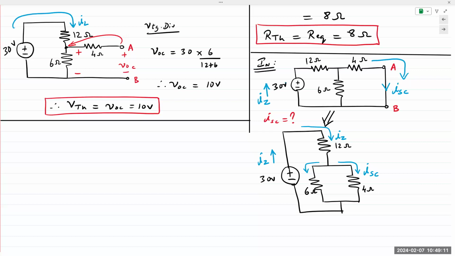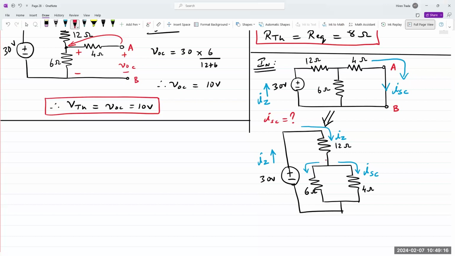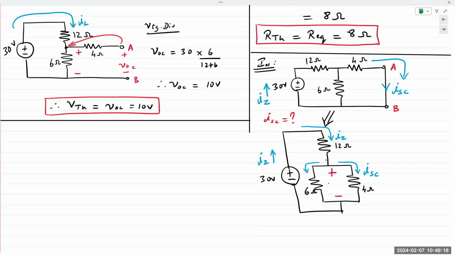Okay. Since it is the 6 and 4 ohm resistors that are in parallel, I can describe the voltage across both of them as VZ. Right? Voltage across parallel connections remain the same. So this would be plus minus here and plus minus here. Parallel, so the same voltage. I can apply voltage division and find VZ.